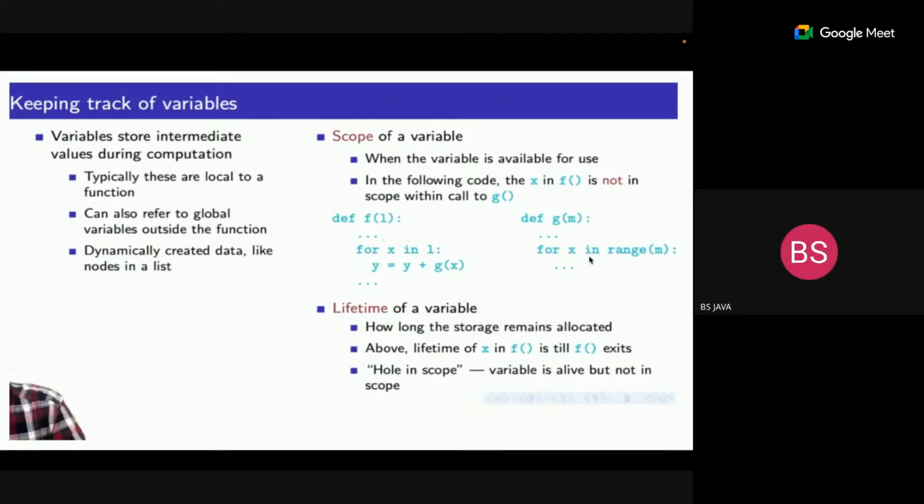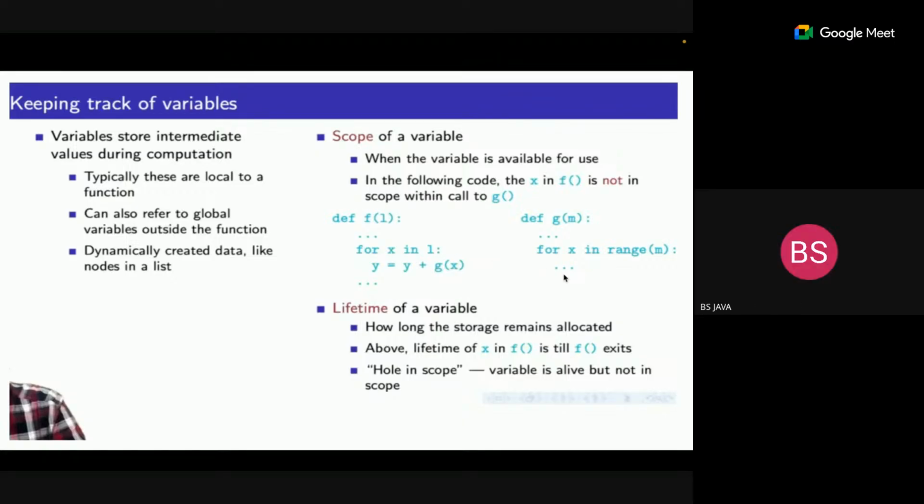Also, we can't even get access to the x of f from g, because the scope of x is limited to this particular function. Are you getting it? Yes, ma'am.